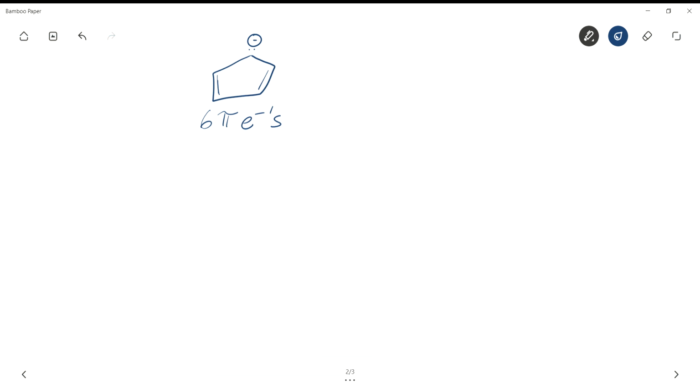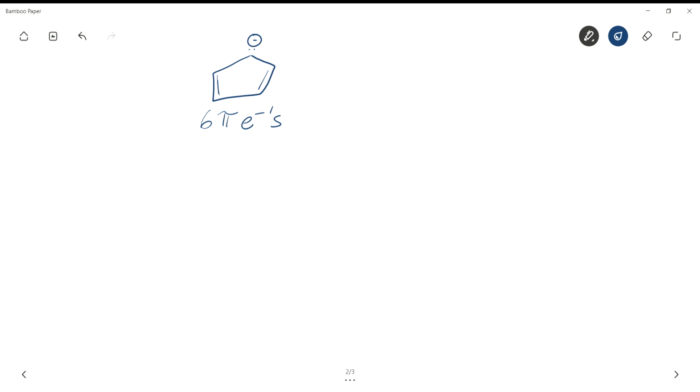The negative charge and those lone pairs that are making that negative charge are sitting in a p orbital. And so if you count everything up, it allows resonance to happen, and it would be part of the pi orbital system. And that's going to make 6 pi electrons with the other 2 double bonds.